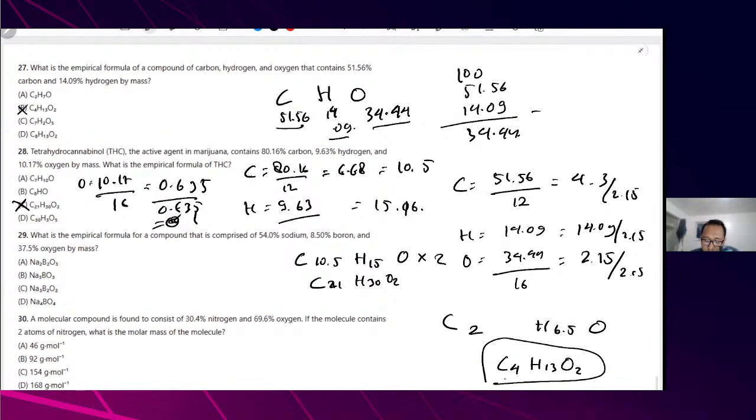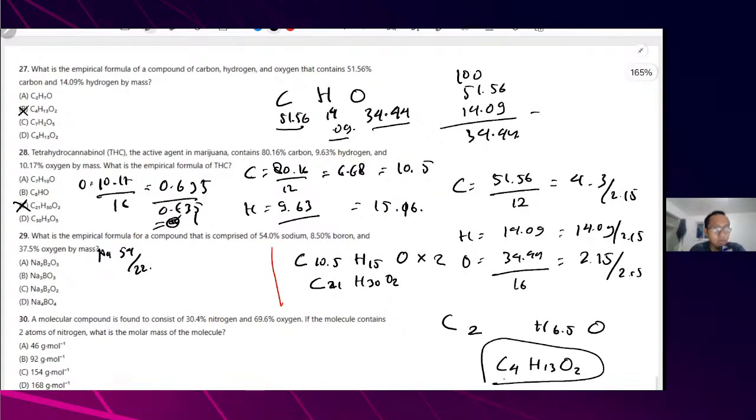What's the empirical formula for a compound that comprises the same thing as the previous one? Okay, so 45% sodium, Na, divided by the molar mass, which is around 22.99, so it's around 2.35.